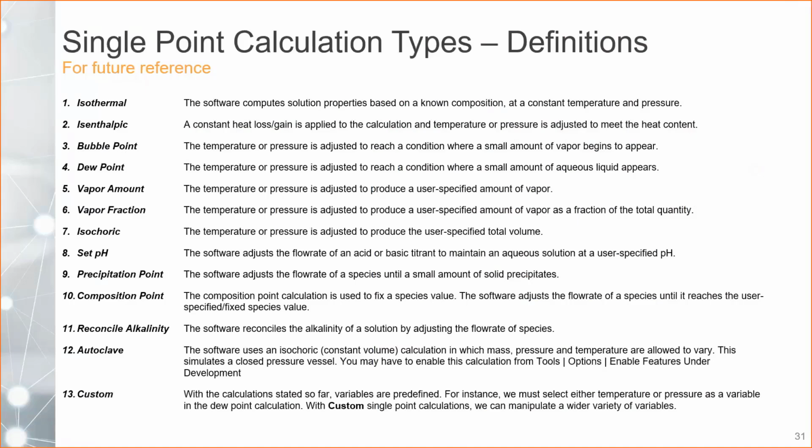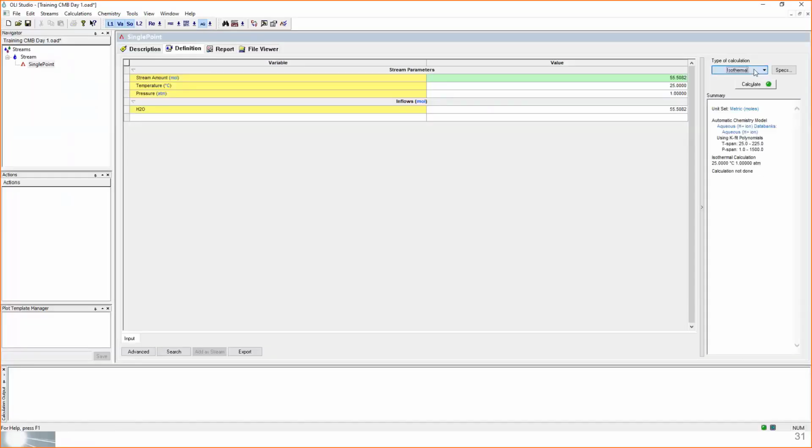Then we have bubble point, which is to calculate the boiling point. Dew point is to calculate the condensation point. Vapor amount and vapor fraction is, for example, when you have evaporations and you want to simulate the amount of vapor that you have in the vapor phase.